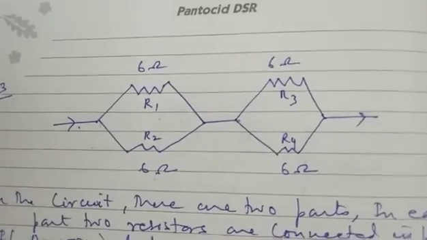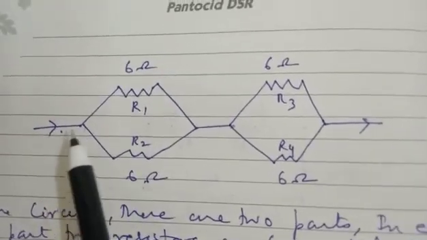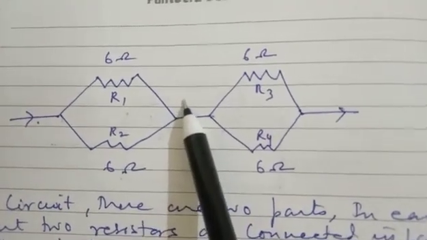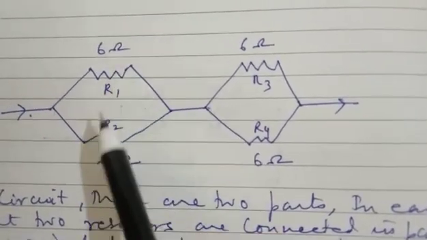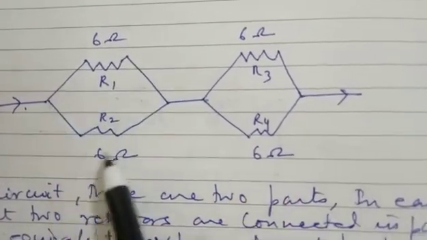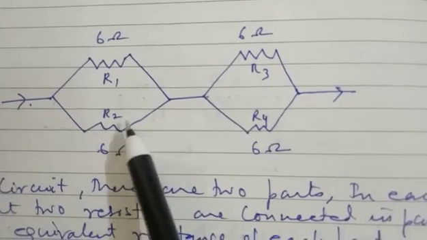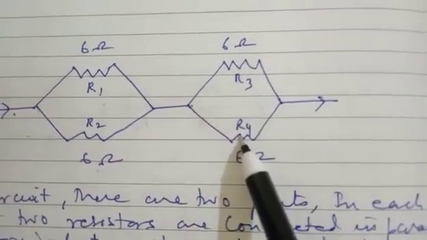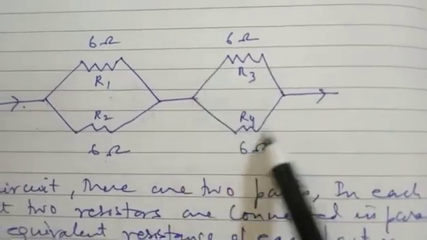So if you look at the diagram once more, the technique is very simple. First, we are going to solve the first branch, and once we look at the branch, it is a parallel combination. So we solved and we got the first part equivalent resistance, that is 3 ohm. The second part also had a parallel combination, which has given me again 3 ohm.